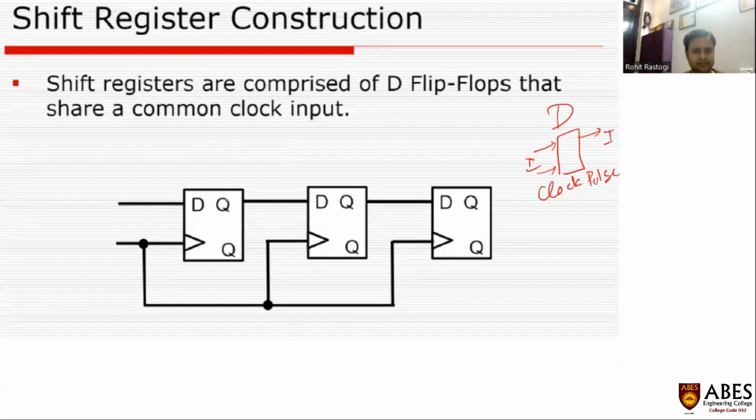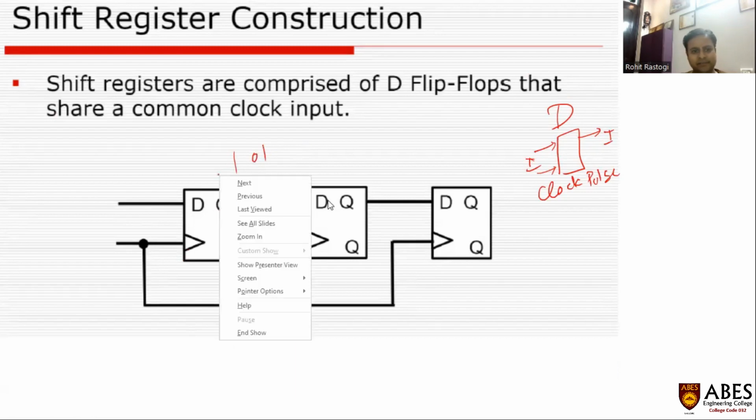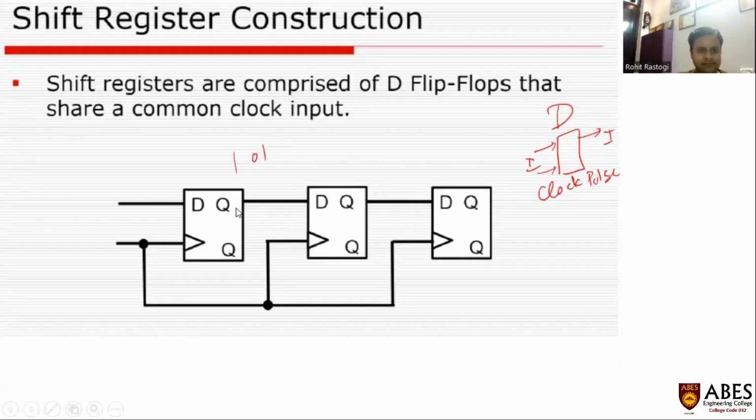So if 101 is applied here, with 1 applied here, 0 applied here, and 1 applied here, then in the second clock this 1 will come out as the output. In the next clock, this 0 will be shifted here, and in the same clock this 1 will be shifted here.